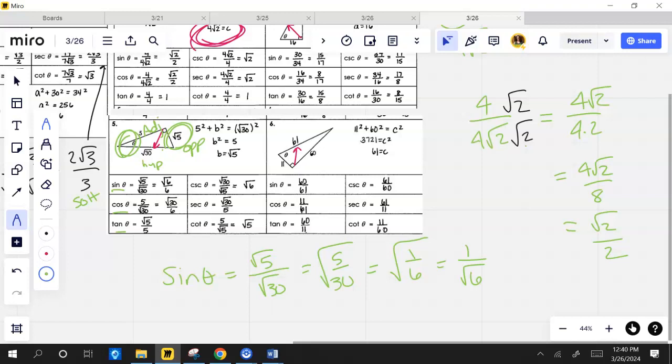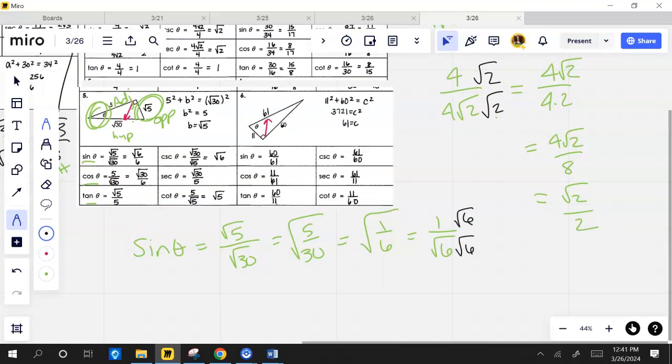Square root of 6 doesn't have a square root. Now is where I have to rationalize. So I end up at square root of 6, because you can't have a radical in the bottom. Square root of 30 over 6.